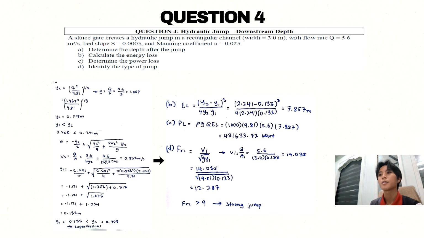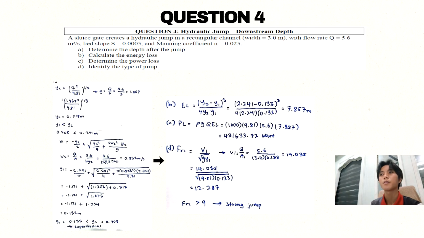So putting it in the formula for y1, we will get the final answer 0.133 meters. So we can determine that y1 is lower than yc. So it is concluded that it is supercritical.